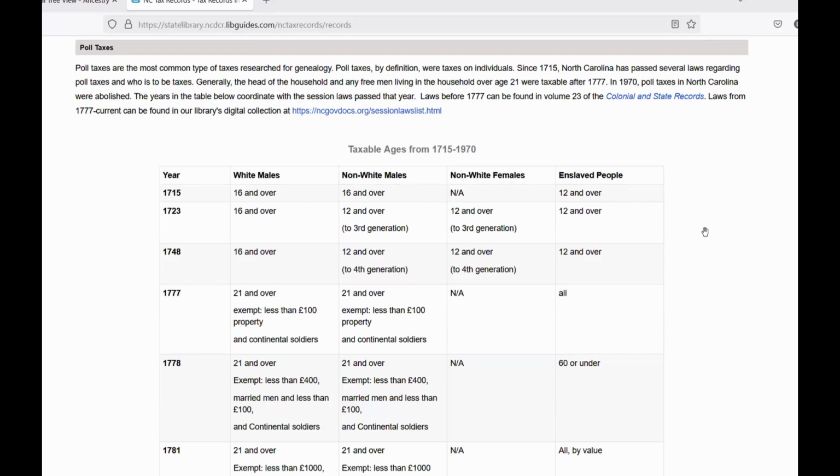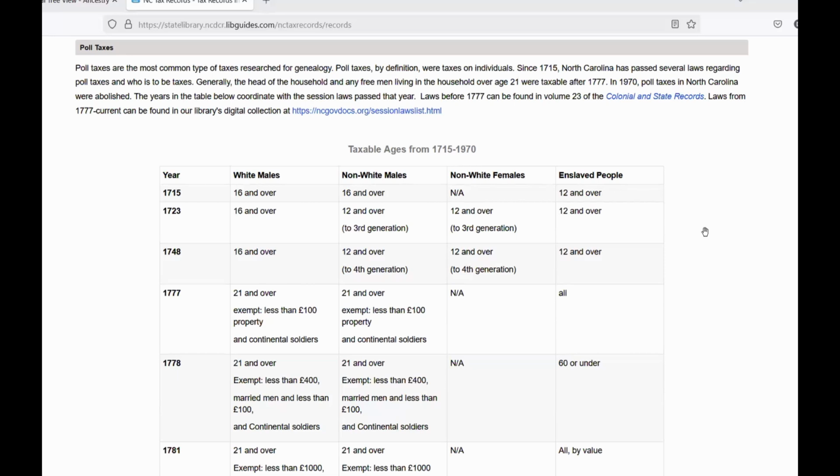So as the Revolutionary War got started and as we were separating from Britain, North Carolina had to have more money, had to have its own taxes. In 1970, poll taxes in North Carolina were abolished. So what I'm showing you here is a table of taxable ages from 1715. I only have 1781 here. It goes on through 1970.